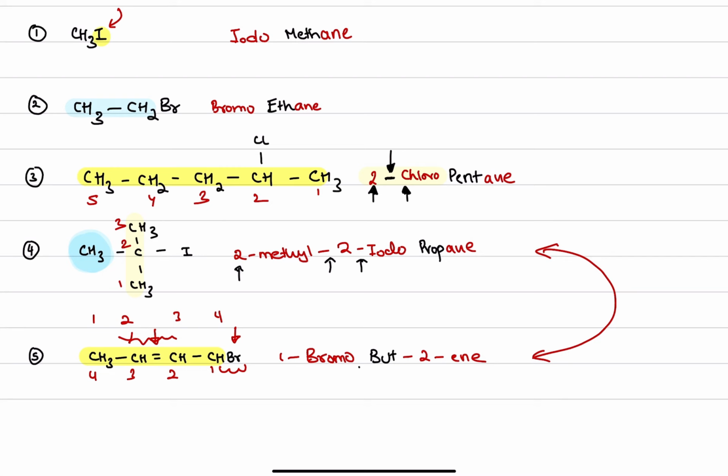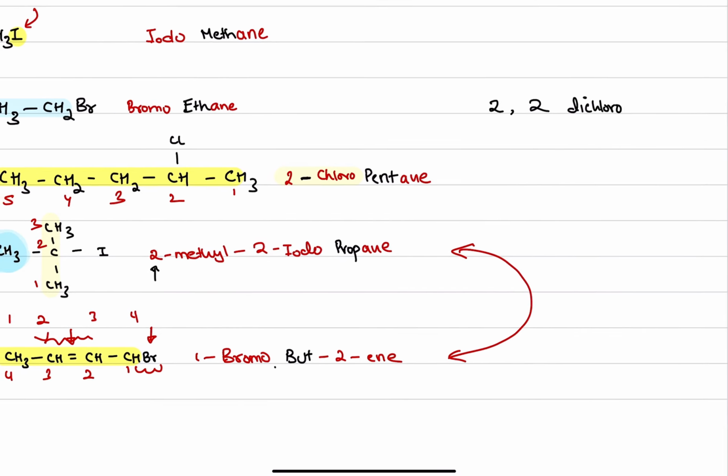And apart from that, if you ever have to separate numbers from one another, so for example 2 and 2, and you want to do something like dichloro, I'm coming to this, so don't worry, 2,2-dichloropropane, let's say. Now in this case, you can clearly see that I have separated out the numbers from one another using this comma, and if you want you can add a dash here, all right?